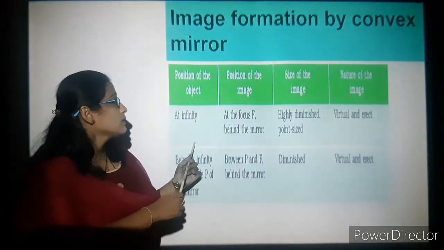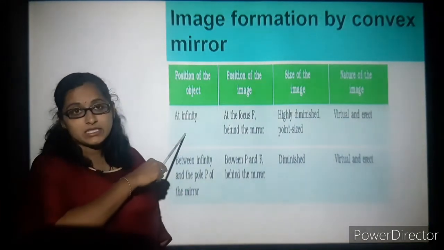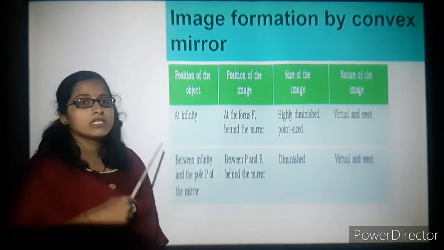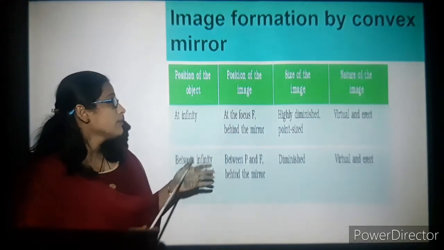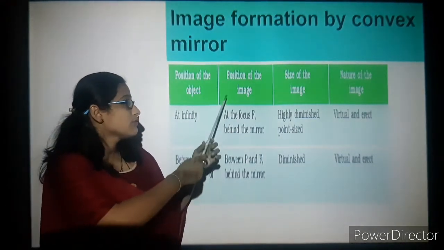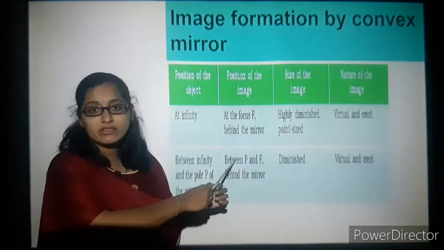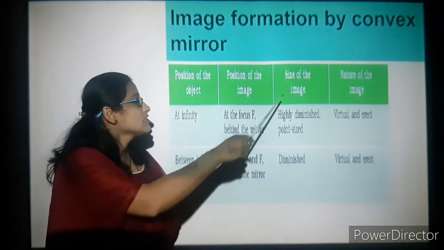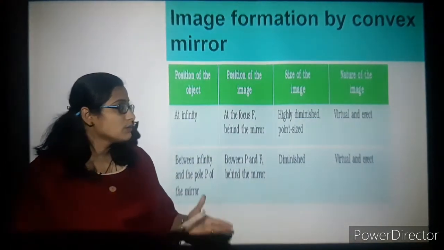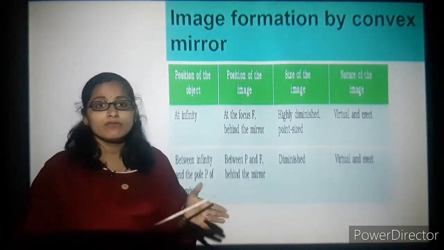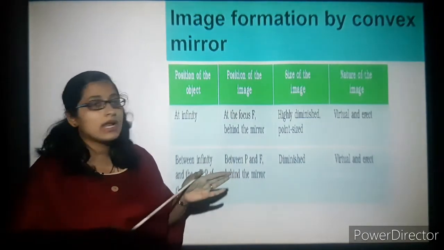When the object is placed at infinity, at an unknown distance, the position of the image will be at focus F, that is behind the mirror. Then the size of the image will be highly diminished and point sized. What will be the nature of the image? Here it will be virtual and erect.